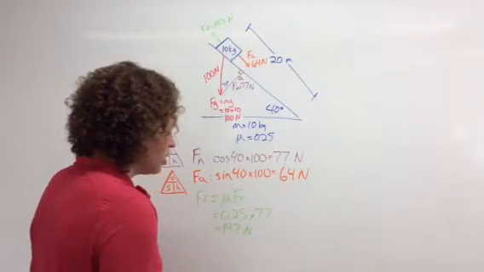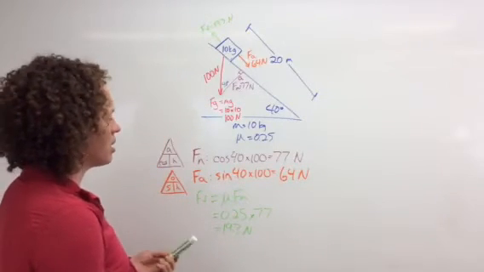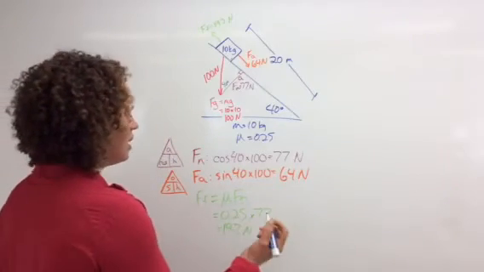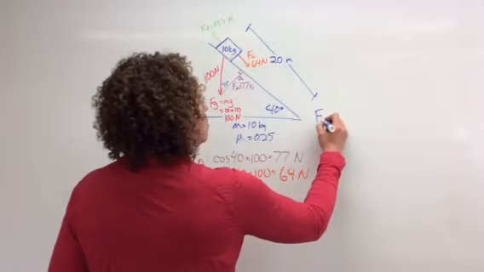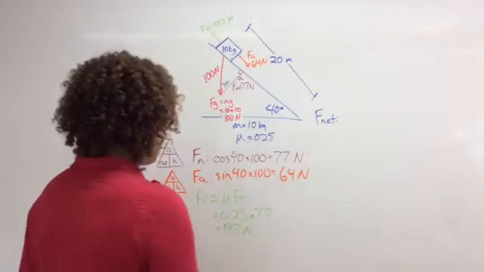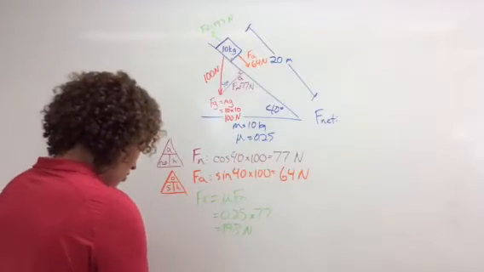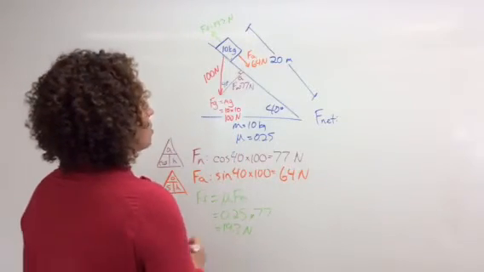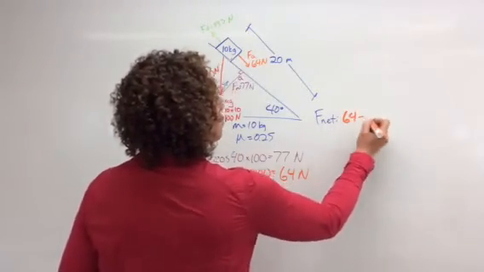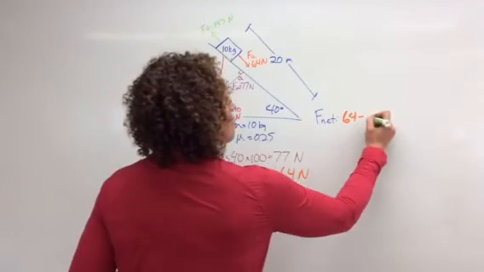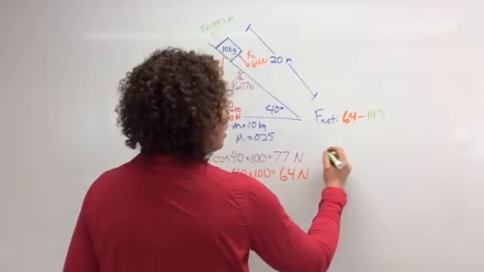So, in order to find my acceleration, then I need my F net. So my F net is going to be the difference between these two. So my FA, my active force, is the big one, so I'm going to go 64 minus force of friction is 19.3.